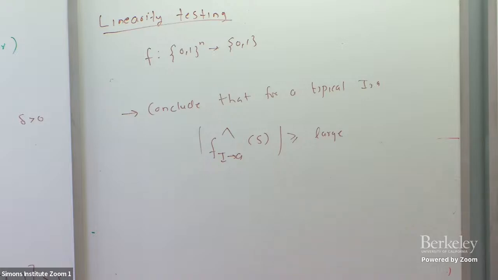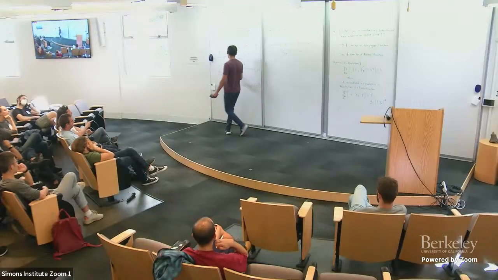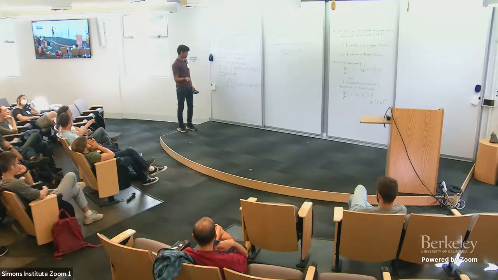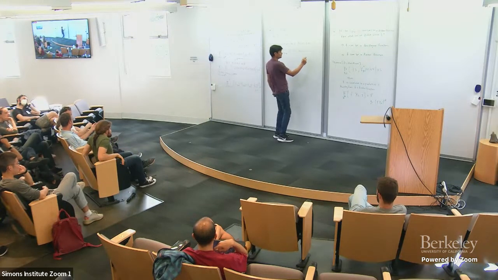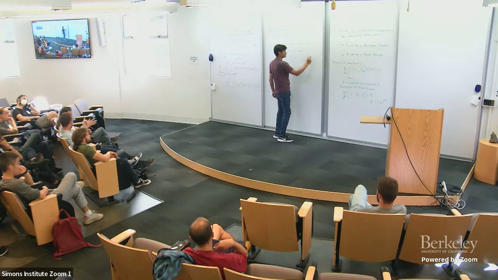I mean, U is a uniform distribution over the support, right? Why is it a support? So if it is a pairwise independent distribution, then you have all these strings.